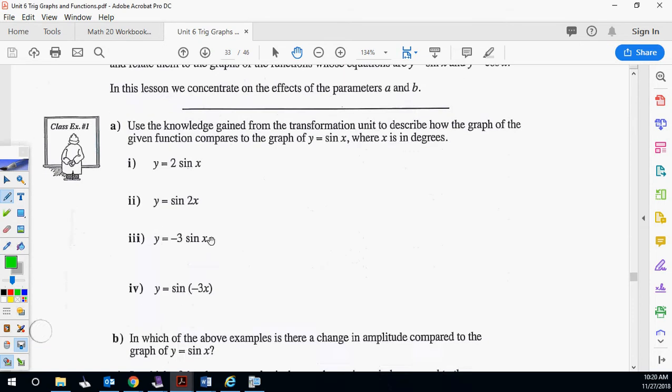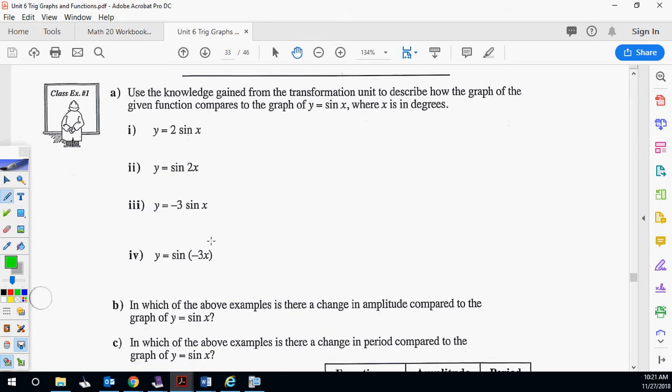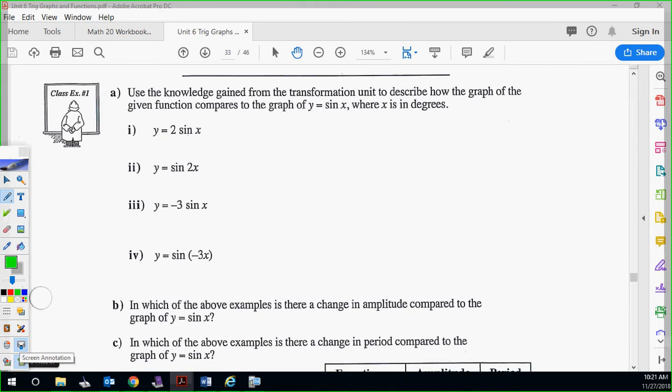Use the knowledge gained from the transformation unit to describe how the graph of each of these functions compares to the regular, just these basic ones. What do you think y equals 2 sine x does? Vertical stretch. You're correct. Vertical stretch of 2.